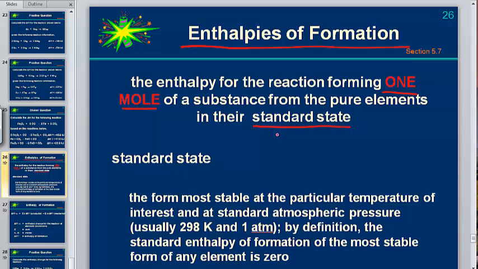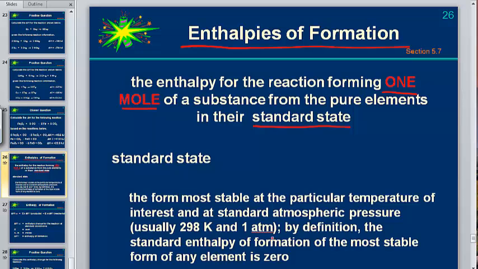So chlorine would be Cl2, but iron would be Fe. You're familiar with this. So standard state, the form most stable at the particular temperature of interest and at standard atmospheric pressure, usually 298, that's 25 Celsius, and 1 atmosphere of pressure.